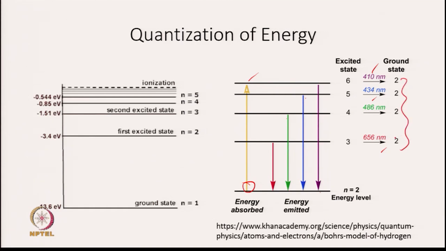What you can see here is that all these wavelengths belong to the visible region, and this is the well-known Balmer series.